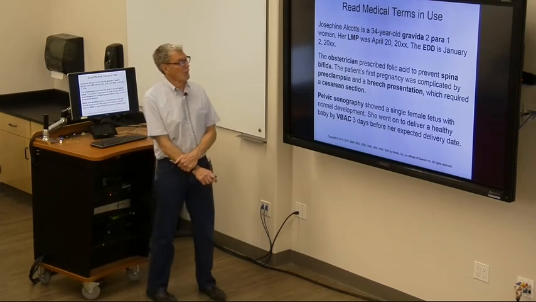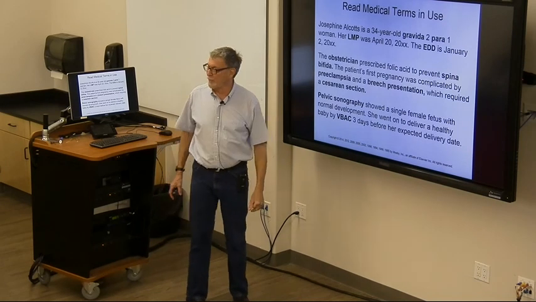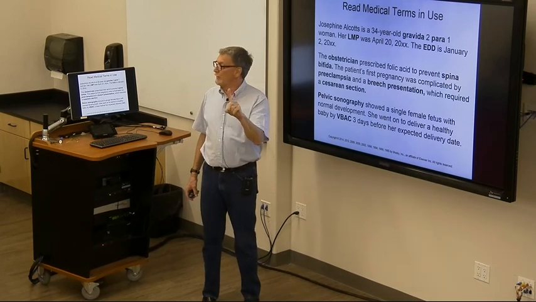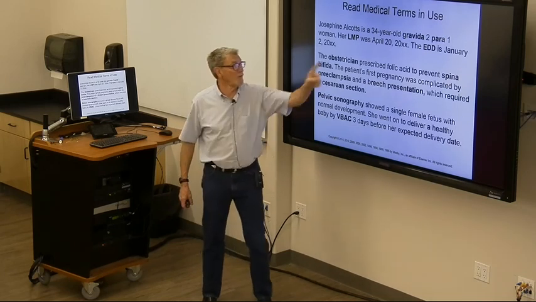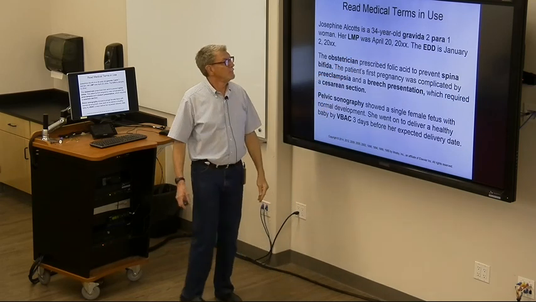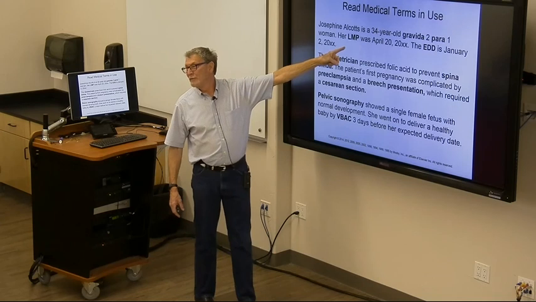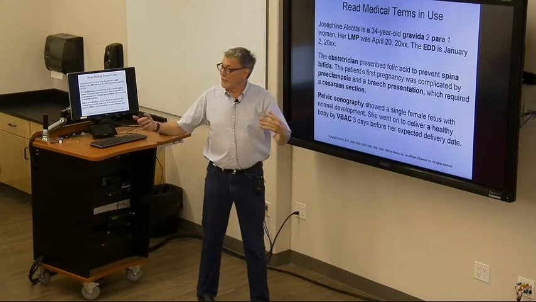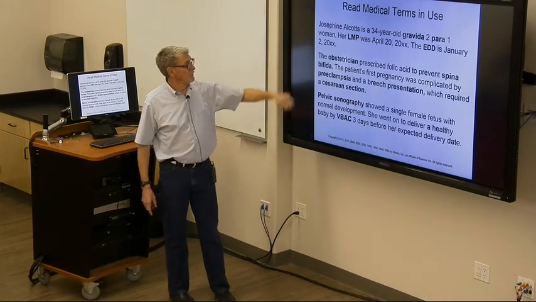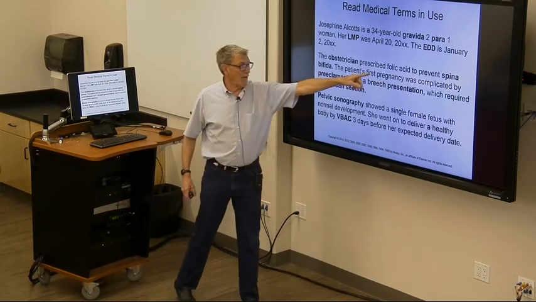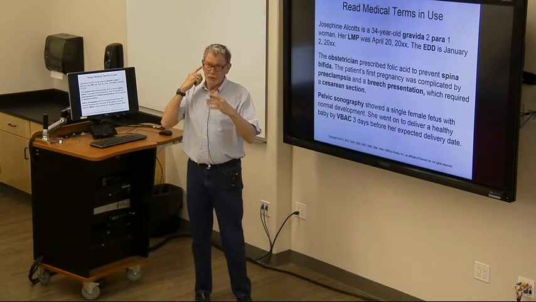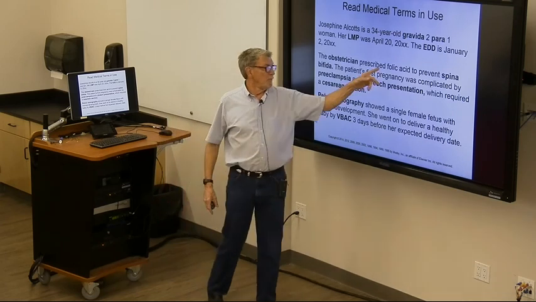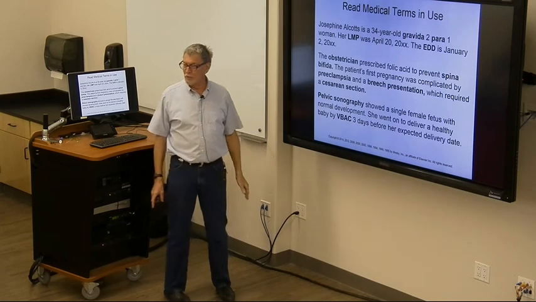Okay, so 34-year-old gravida 2 para 1. What does that mean? She was pregnant twice. She had one child. So for some reason, the first pregnancy terminated. Her last menstrual period. Therefore, the estimated date of delivery is... Prescribe folic acid to prevent spina bifida, because neural tube defects like spina bifida are caused in part by lack of proper nutrients, mainly folic acid.